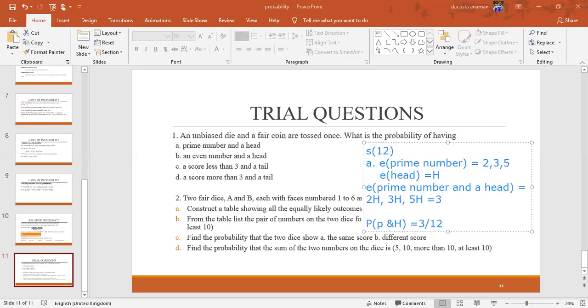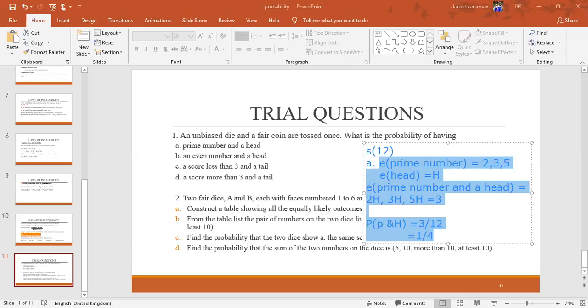So the answer for the prime number and a head is 3 over 12, and that will give us 1 over 4. Well done to all those who had it. Those who couldn't get it, I hope you know your mistakes now and you correct it when the time comes. So that's the first answer, 1/4.